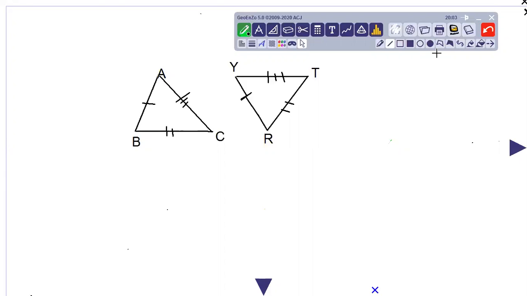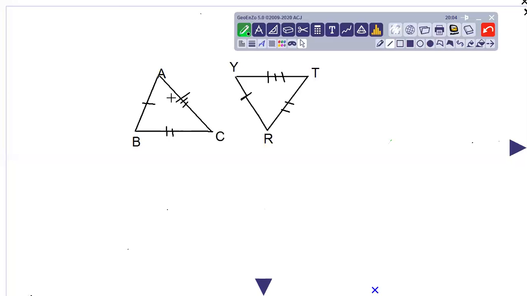Now, suppose there is a second triangle. This is the first triangle, suppose. This is a second triangle. Suppose it is given that this side of the first triangle is equal to this side of the second triangle. This side of the first triangle is equal to this side of the second triangle.